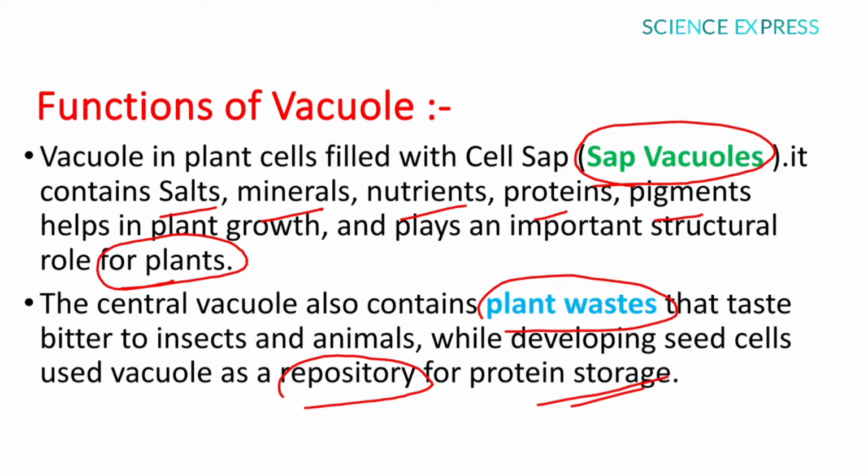The plant waste is sometimes called secondary metabolites. Its taste is bitter due to the presence of alkaline substances, and it also deters herbivores from the plant.